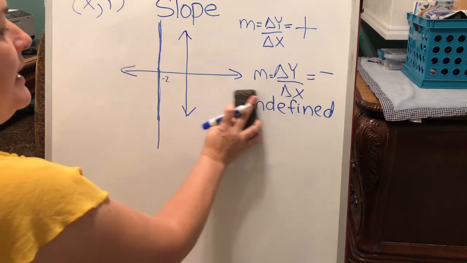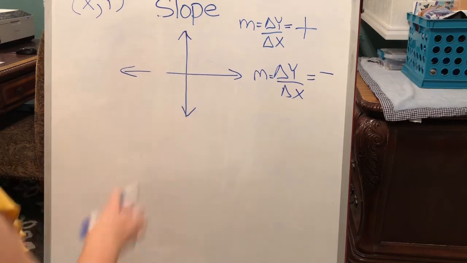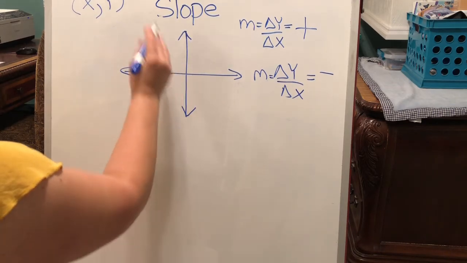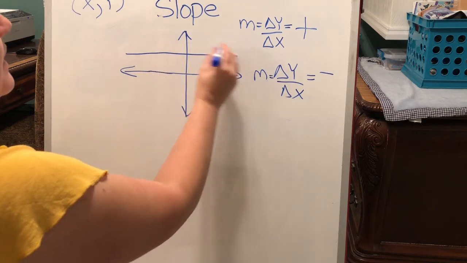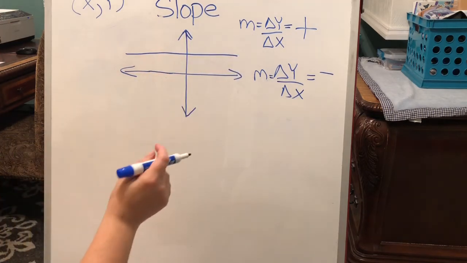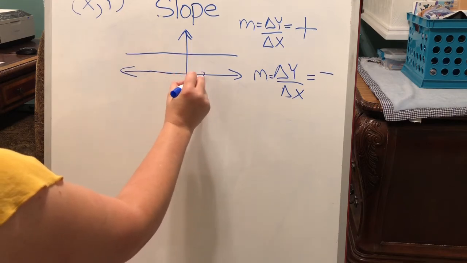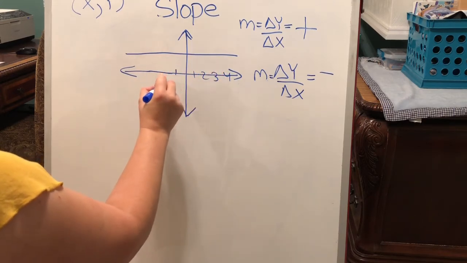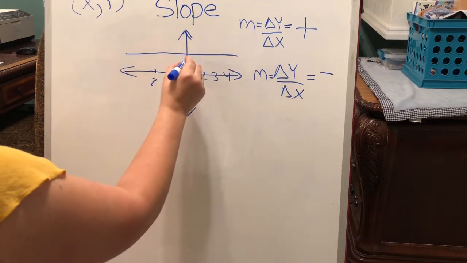Another characteristic is when we have the opposite, where instead of a vertical line, we have one that goes this way. And here, the x is changing, so let's say 1, 2, 3, 4, and -1, -2. The x is changing, but the y is not.